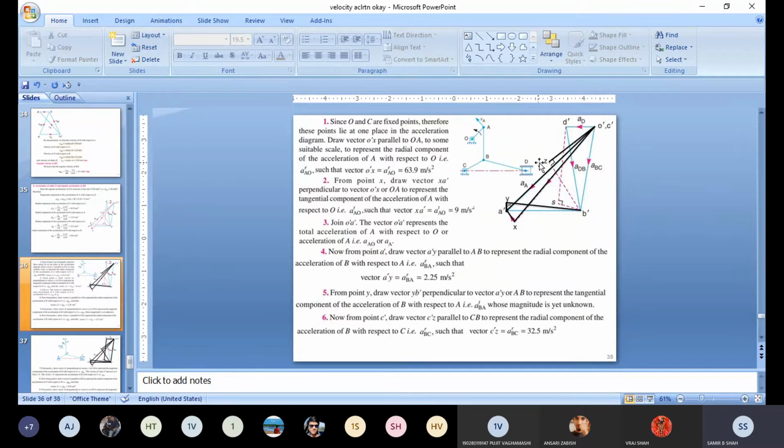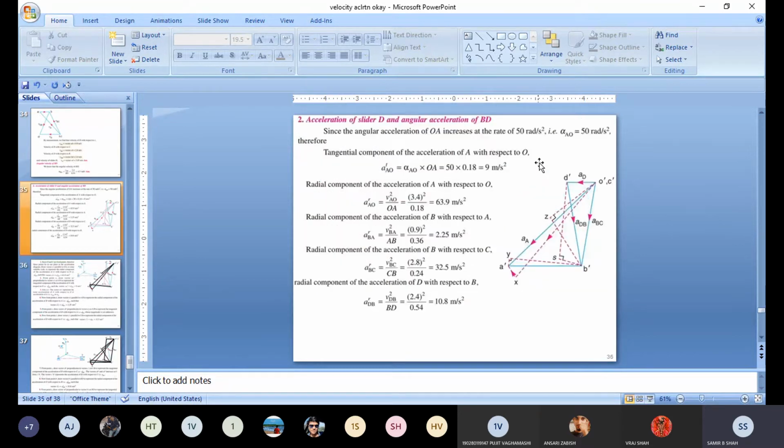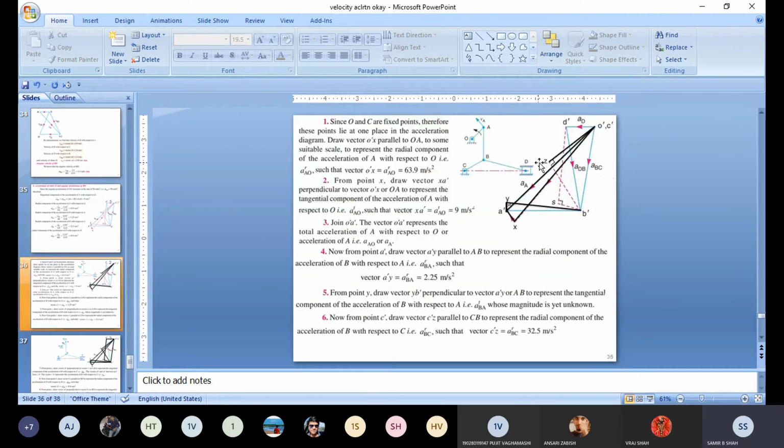The length is 3 centimeter or 3.25 centimeter, as my radial part of BC is equal to 32.5 meter per second square. So based on that, I create O dash Z equal to 3.25 centimeter.